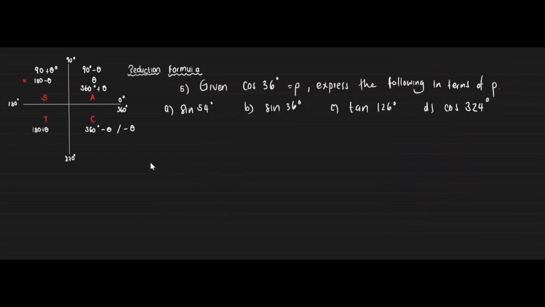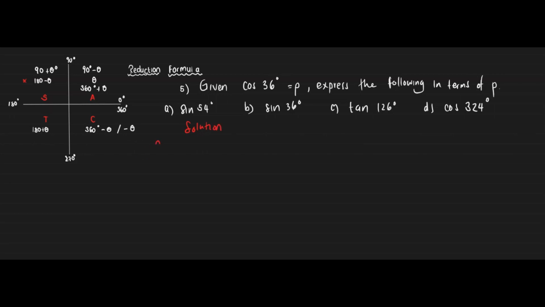So now looking at the last question. The last question says given cos 36 is equal to P, express the following in terms of P. Then we have the first one, which is sine 54 degrees. So I'm going to write the solutions in red, right?